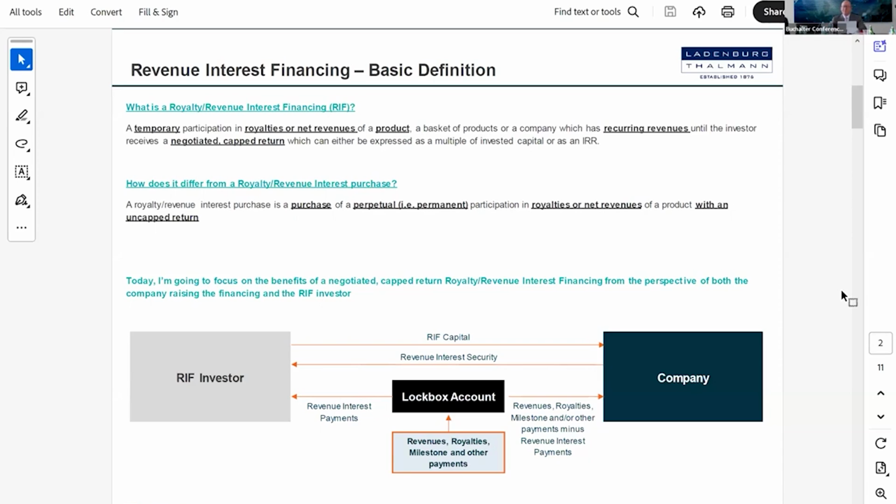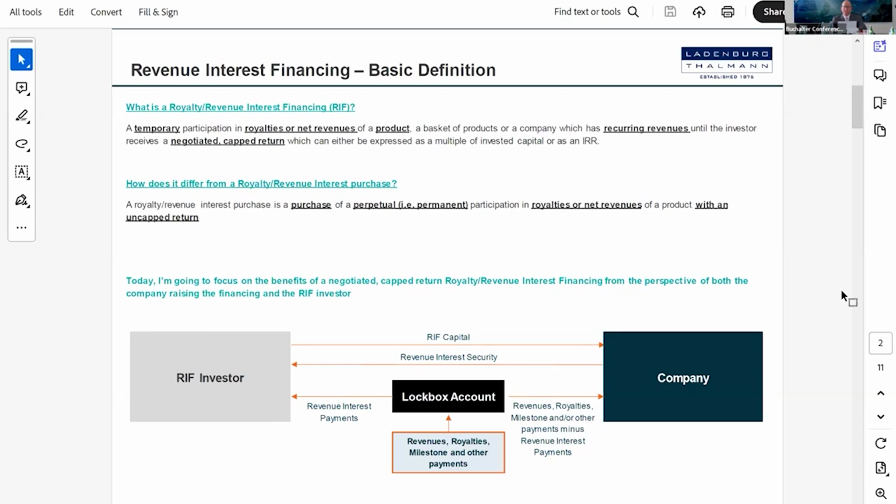A revenue interest is basically a temporary royalty that's created from the revenues of a company just to facilitate non-dilutive financing. And again, the way it differs from a royalty or revenue interest purchase is those might be perpetual and uncapped, therefore a very high cost of capital.